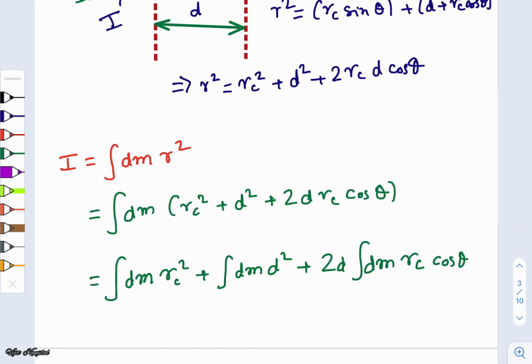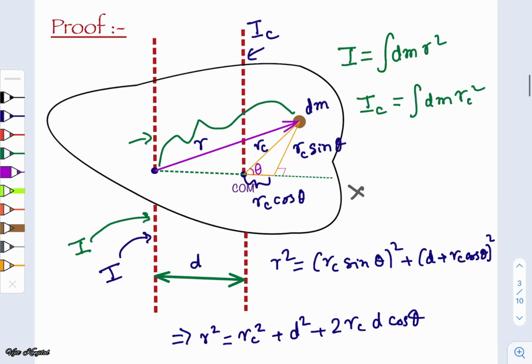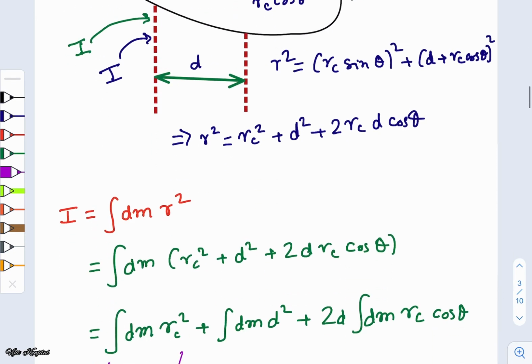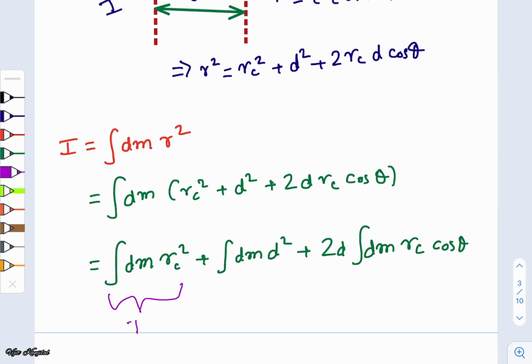So what is the term, the integral of dm rc squared? This is nothing but IC. So this term is IC.